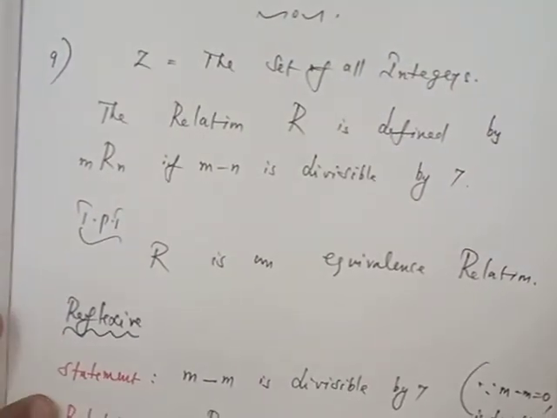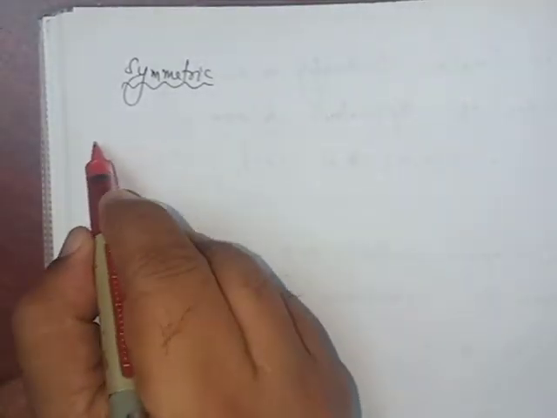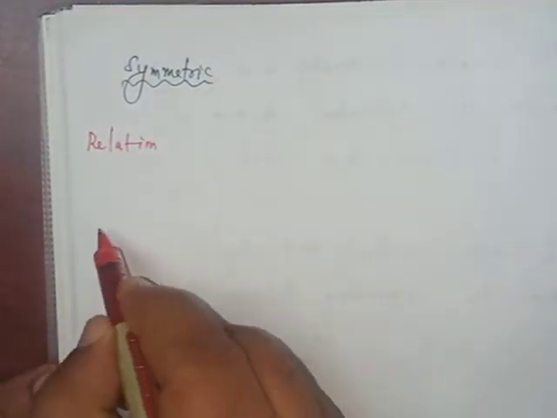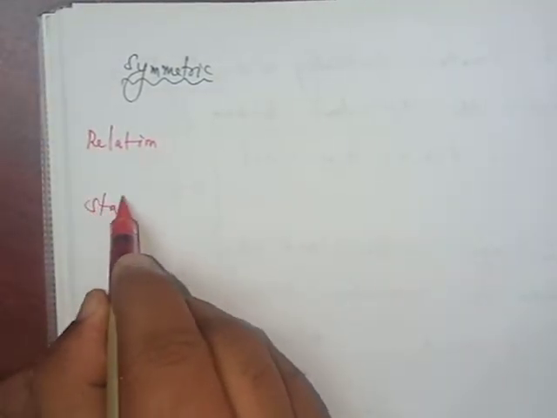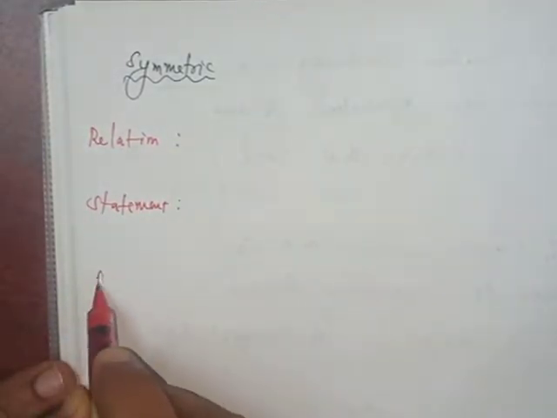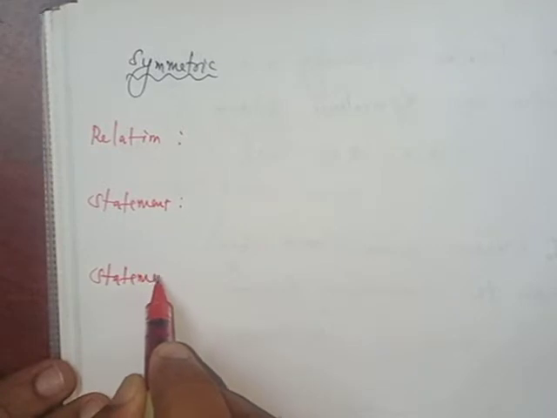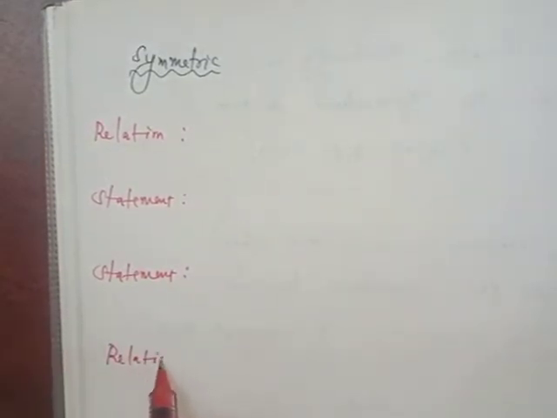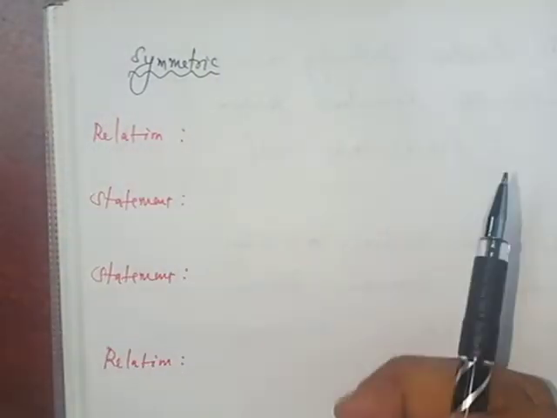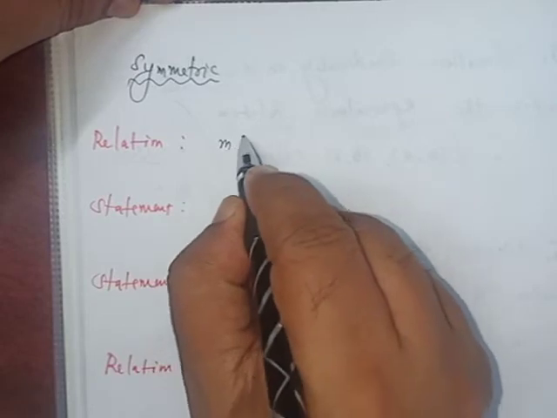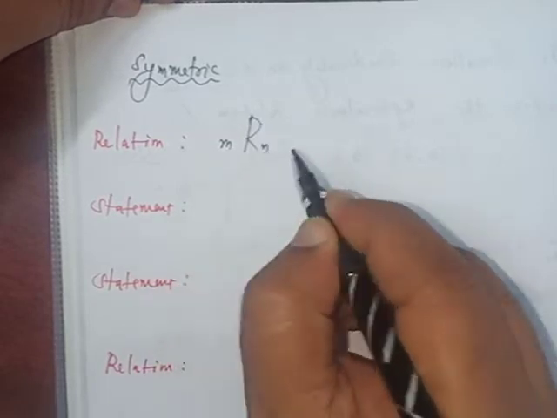Now we can go for symmetric. For symmetric, first you write the relation, statement, and finally the relation. I consider m is related to n.